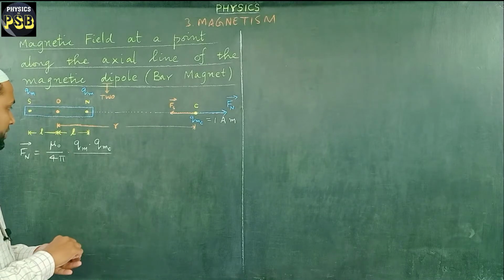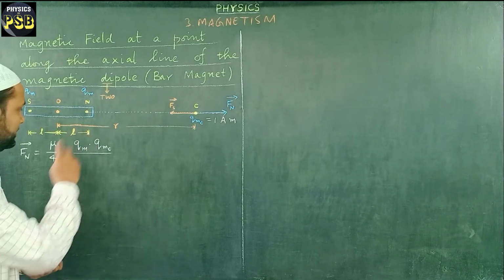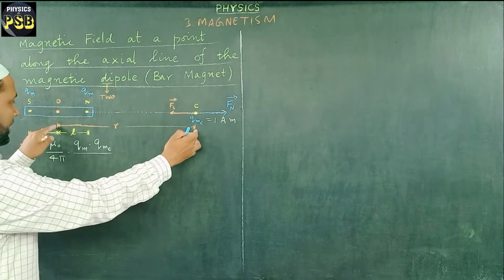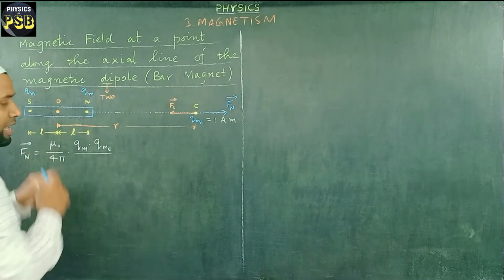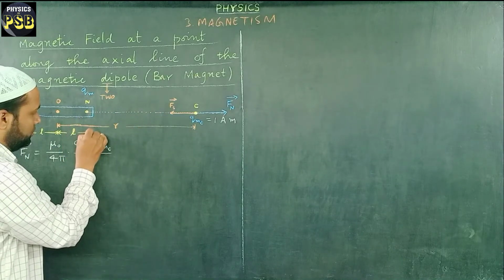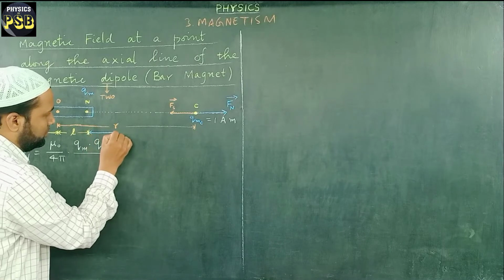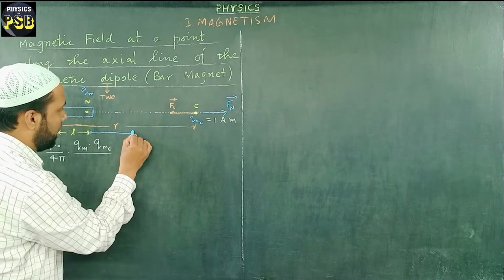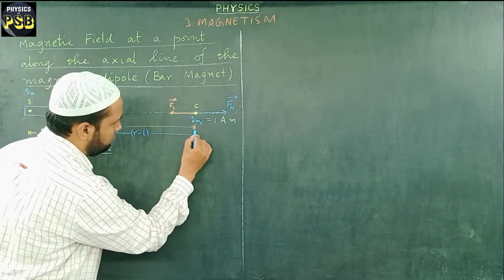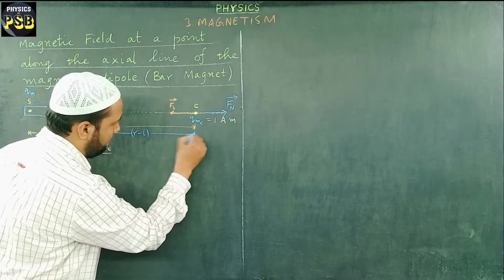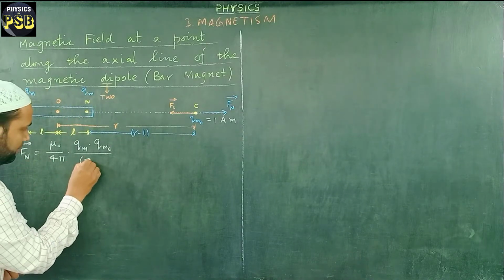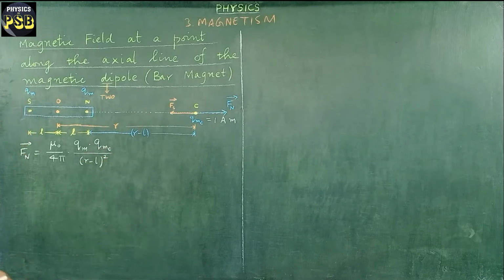Let me find out the distance. The total distance is R. From that, if I subtract this, I get the distance between N and C. So this distance is nothing but R minus L. Clear? So I take that distance here.